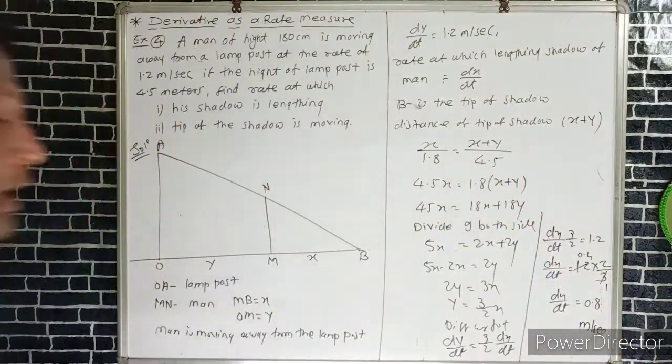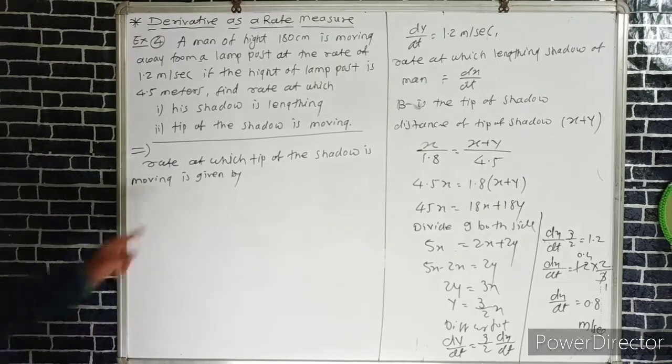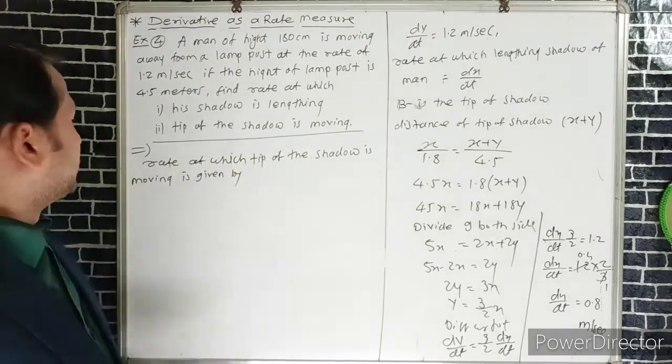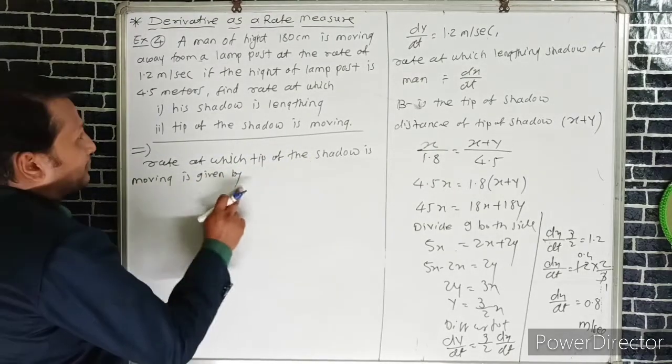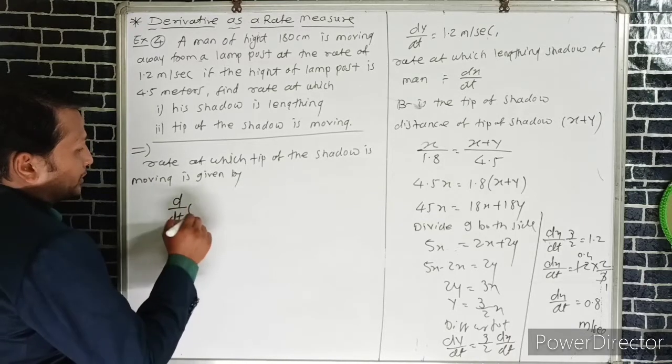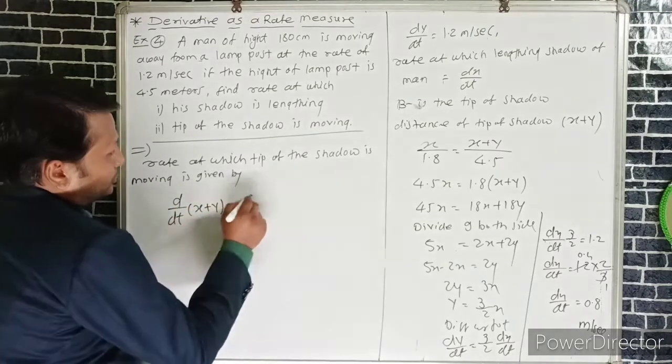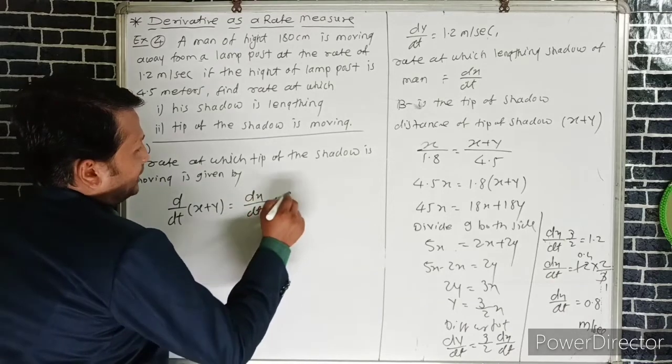Also we have to find the rate at which the tip of the shadow is moving, which is given by the derivative with respect to t of x plus y, that is dx/dt plus dy/dt.